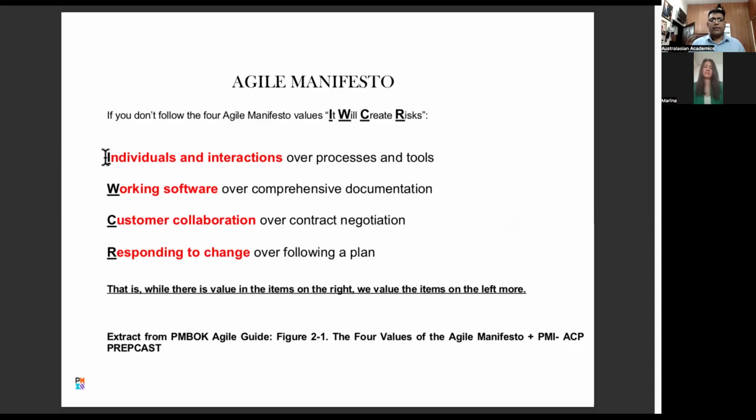The 4th point in the manifesto is responding to change over following a plan, right? For example, you're constructing a building in Dubai. I'll keep on giving the example of building or construction because it's easier to understand. Who knows? There's a missile. There's a war the next day. What would you do, right? Have you planned for it? How would you adapt to it if there is a war?